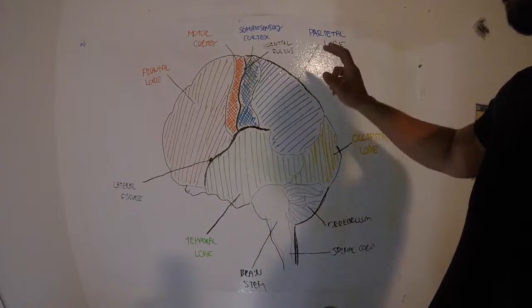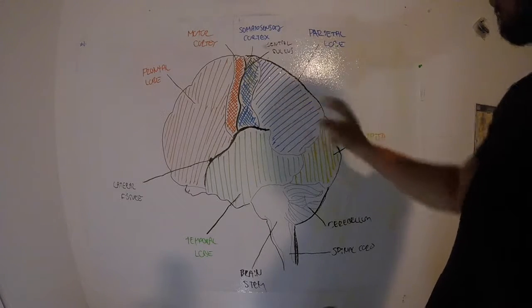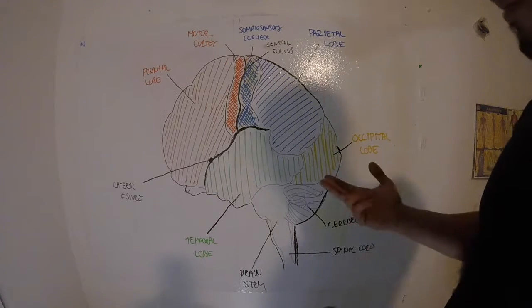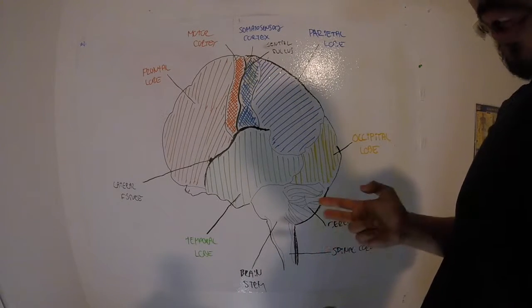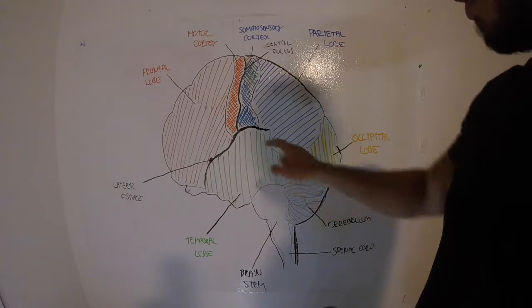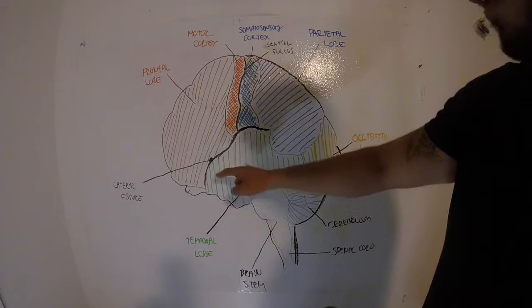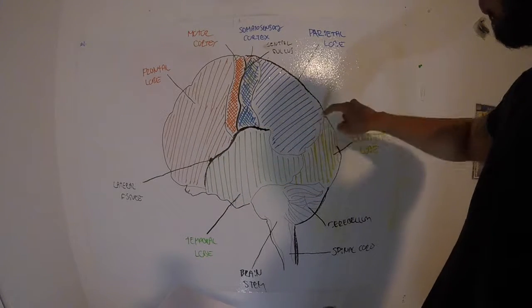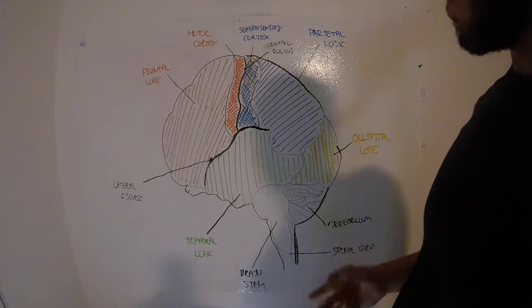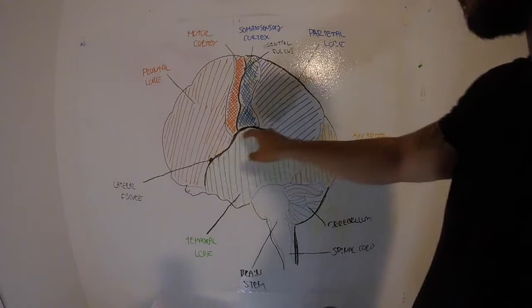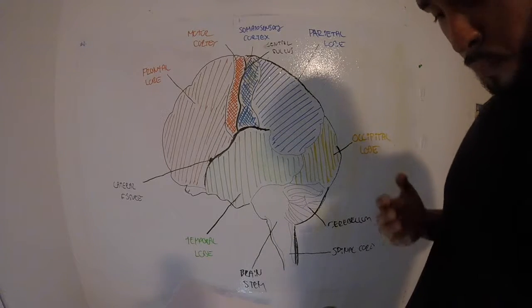And the parietal lobe, which is the next one we're talking about, the one highlighted here in blue, has the central sulcus as its anterior boundary, and the posterior boundary is the occipital lobe, which is this entire section here. And the inferior boundary is the lateral sulcus, which is right here.